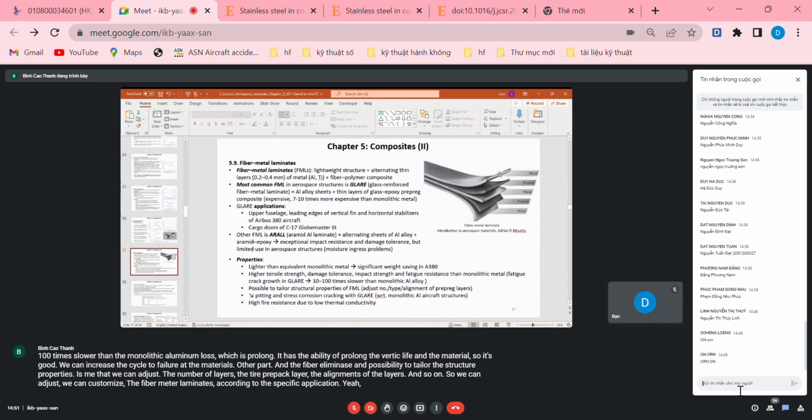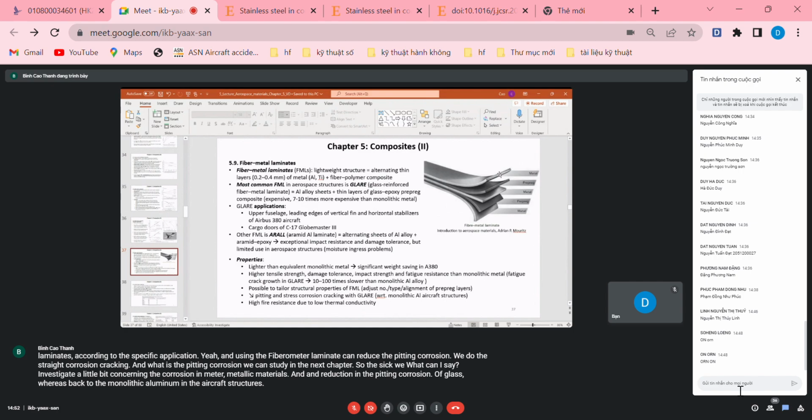Using fiber metal laminates can also reduce pitting corrosion and stress corrosion cracking. What pitting corrosion is, we can study in the next chapter, chapter 6, where we investigate a little bit the corrosion in metallic materials. There is a reduction in the pitting corrosion of GLARE with respect to monolithic aluminum in aircraft structures.